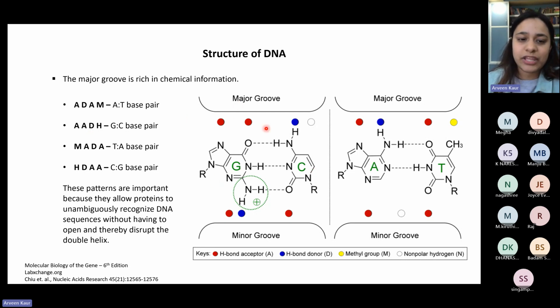That also we saw. If it is inverse, if T is present on this strand and A is present on the other strand, then it will have a different signature, right? It will have MADA as the signature on the major groove. On the contrary, if C is present on this strand and G is present on the opposite strand, it will again have a different signature, which is HDAA, right?